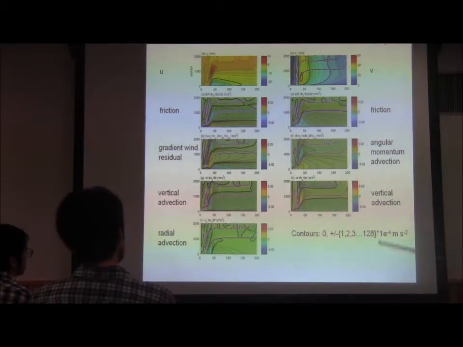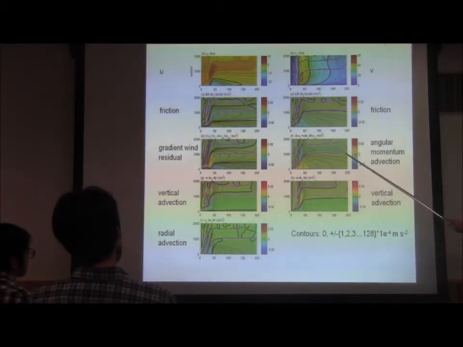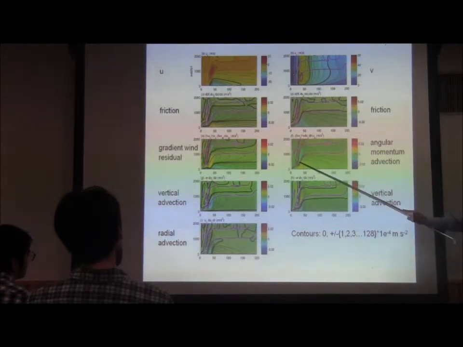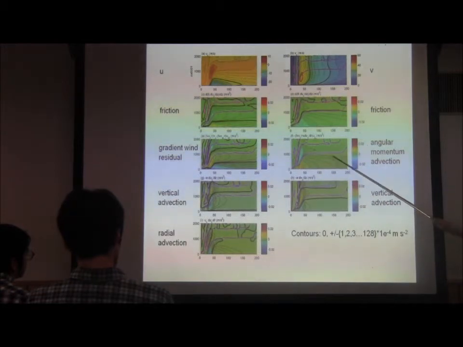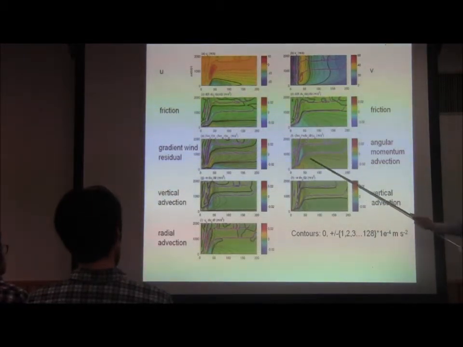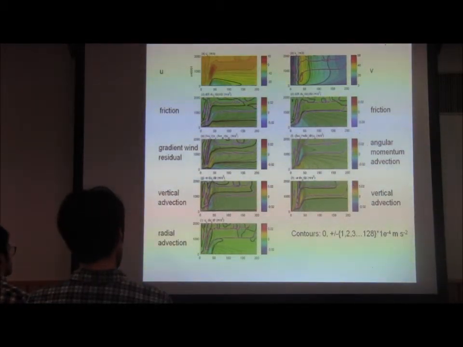Angular momentum advection we talked about, and in this case the zero contours of the angular momentum advection match the zero contours of the radial flow. So everywhere there's inflow, advection of angular momentum is tending to spin up the storm to produce positive acceleration. Everywhere where there's outflow, we've got the opposite sign: the flow is being decelerated.